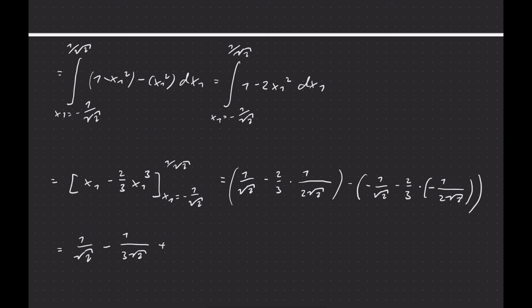So there's a plus 1 over square root of 2. And then we have this minus and this minus, those cancel out, and this minus. And again, the factor of 2 will cancel out. So we have a minus 1 over 3 square root of 2.